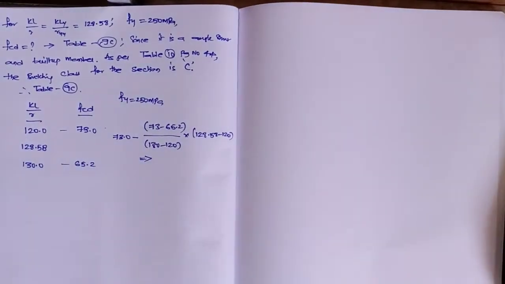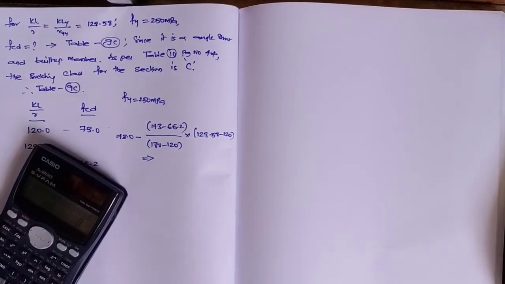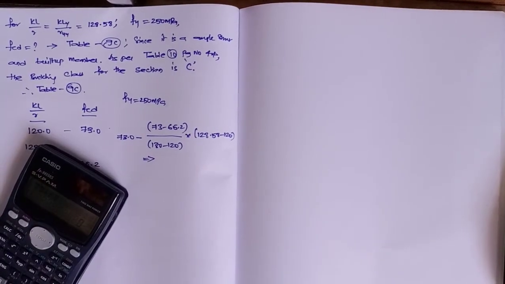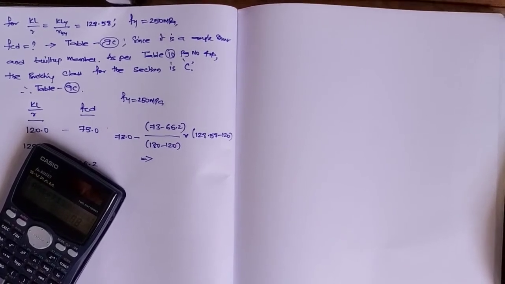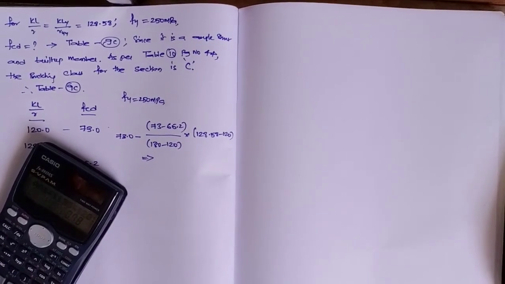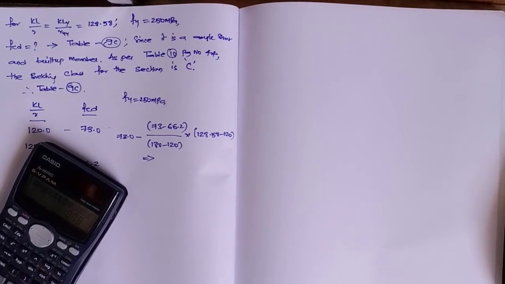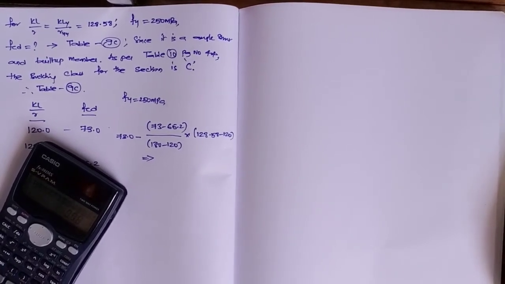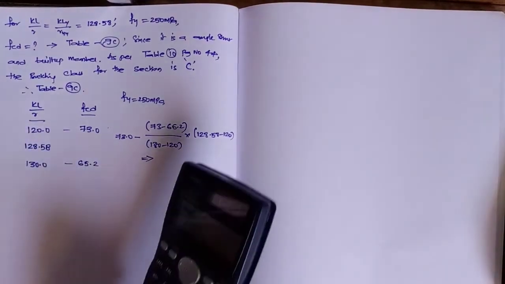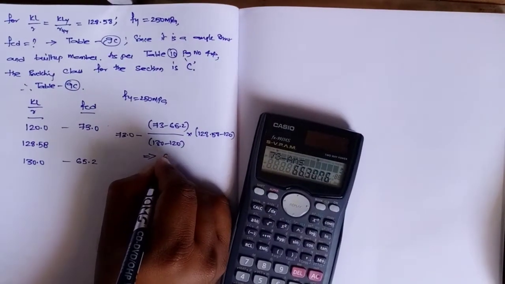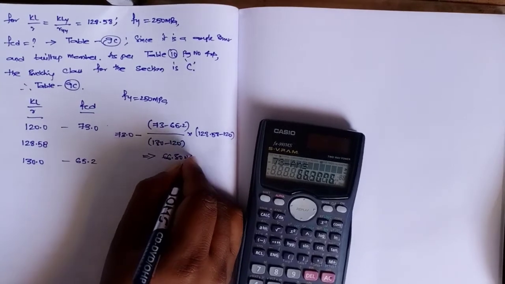Okay, so 73 minus 65.2 divided by 130 minus 120 into 128.58 minus 120, 73 minus answer. So I am getting how much? 66.30 Newton per mm square.